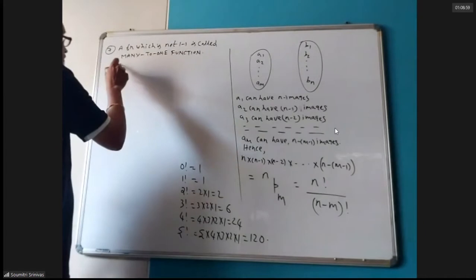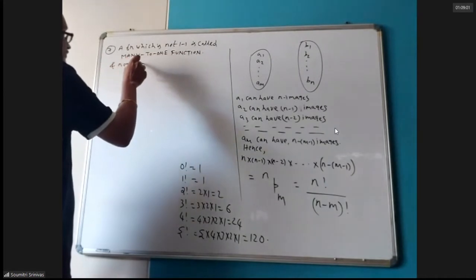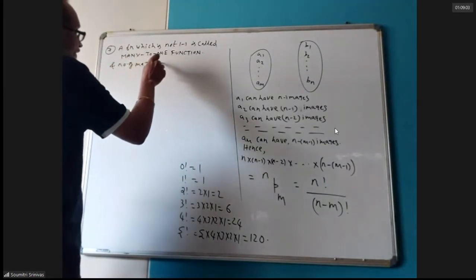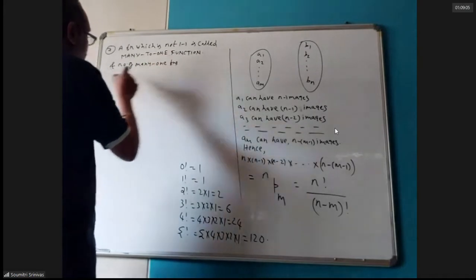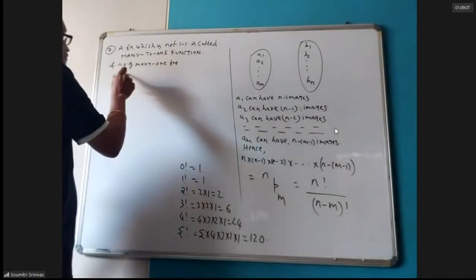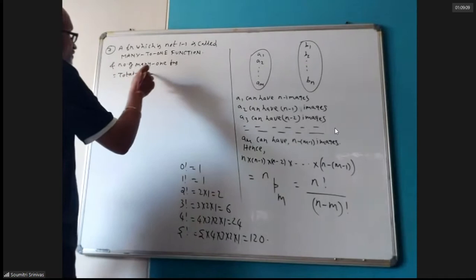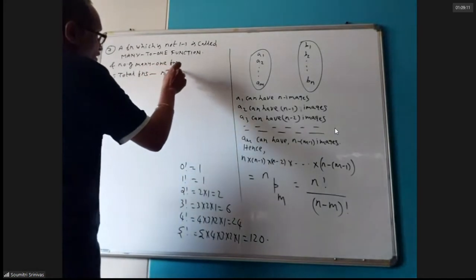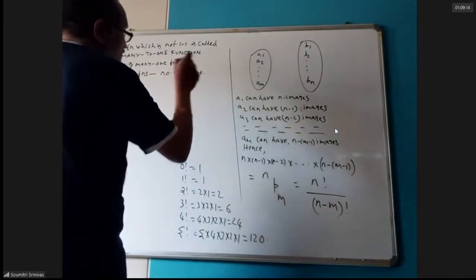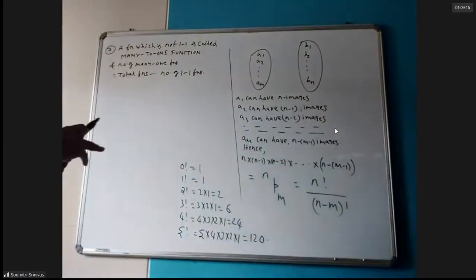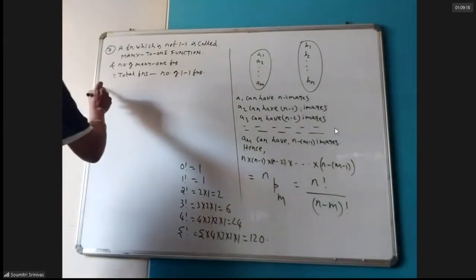And the number of many-to-one functions is equal to total functions minus the number of 1-1 functions. Come on, we shall do one example.